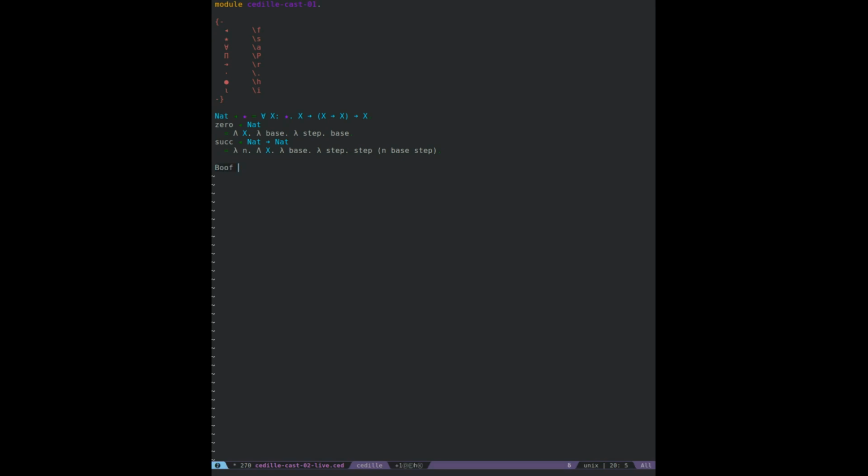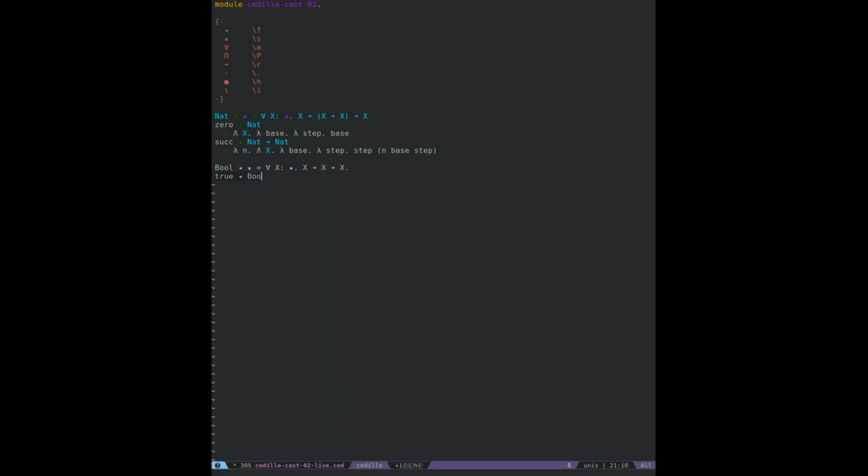So let's first define bool. As is usual, a bool is defined as a type that takes two arguments and returns one of these. So inherently, a bool is a choice between two different things.